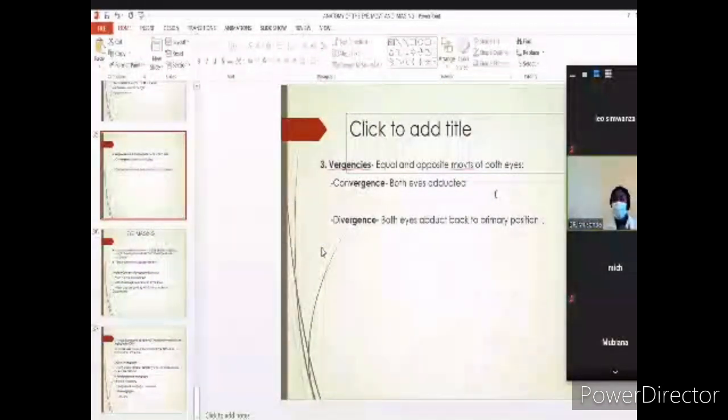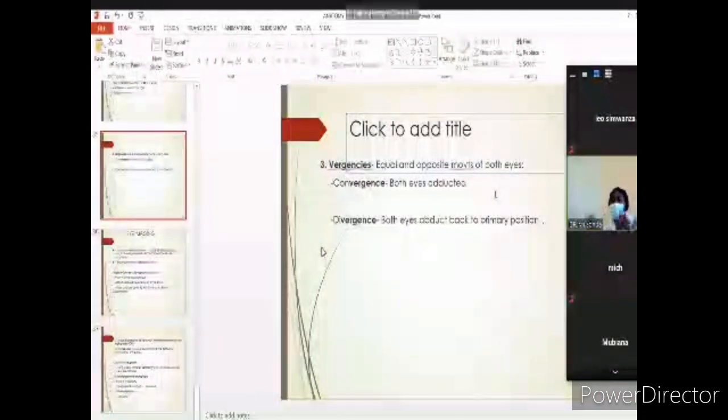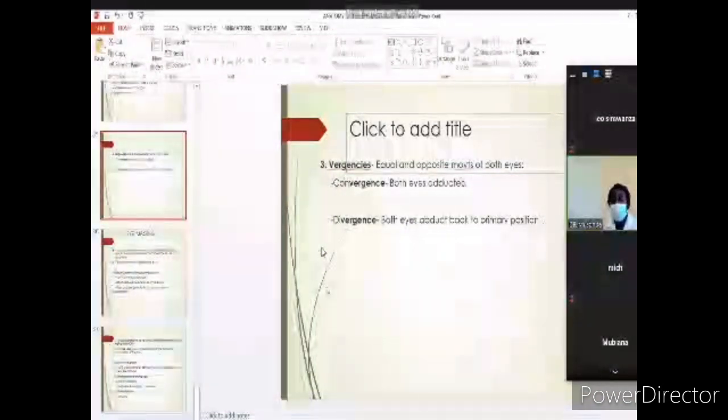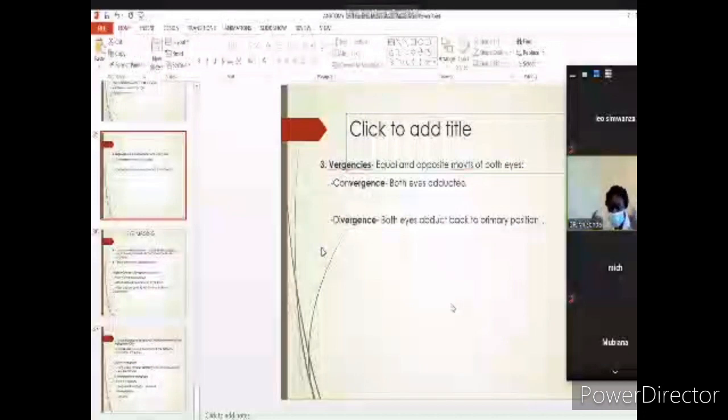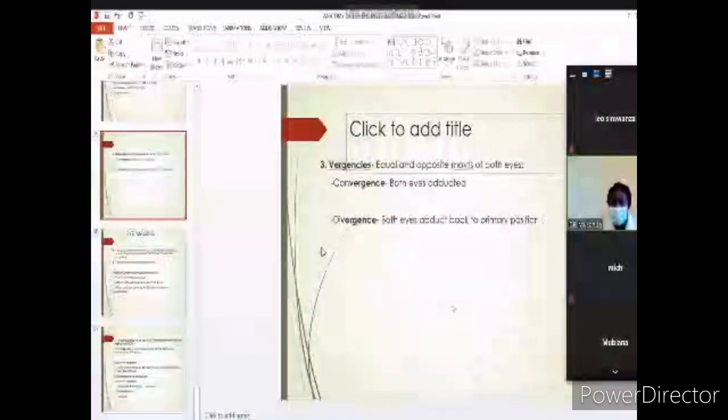They are working together, but there's an equal and opposite movement. Okay, so both eyes in this case in convergence are adducted. They've come inwards. So convergence, both eyes come inwards. You imagine you are reading, that movement is called convergence. Together the eyes move inwards.